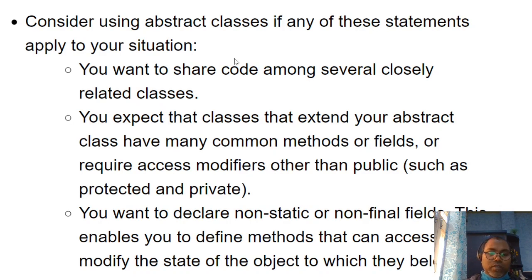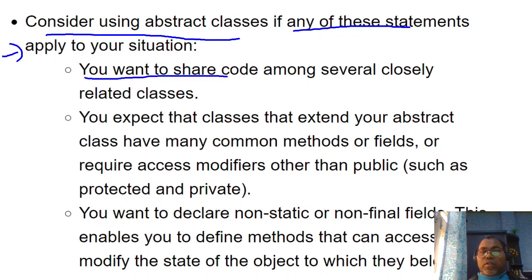Okay, so consider where you can use an abstract class and where you can use an interface. In any of these statements, you can apply the situation where you use an abstract class.